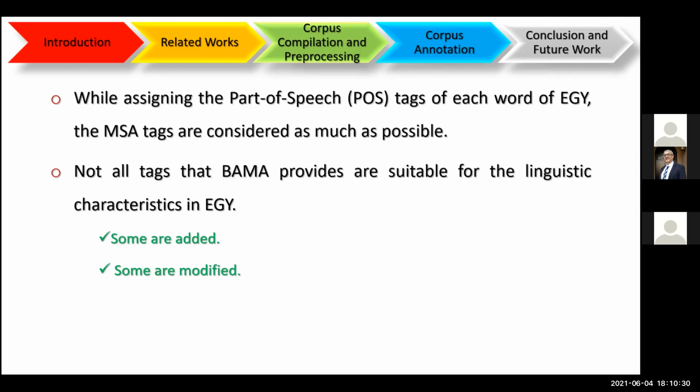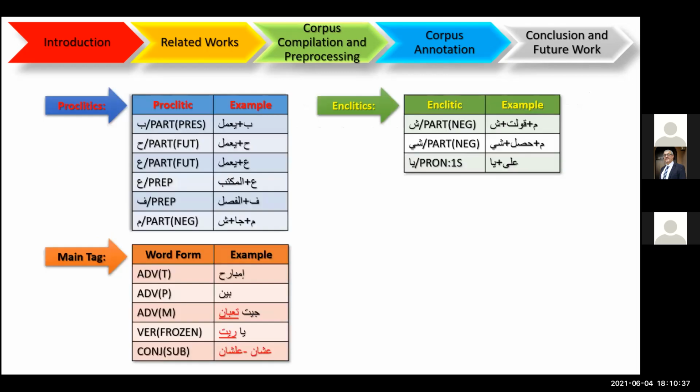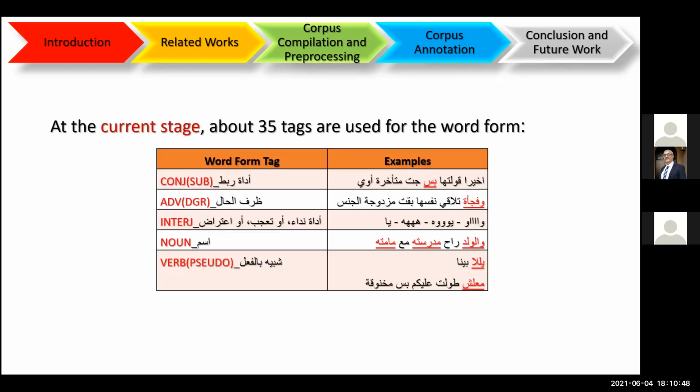Some tags are added and others are modified to be compatible with the linguistic nature of EG. These are some examples of added proclitics, enclitics, and main tags of the word form. At the current state, we have about 35 tags that are used in the main word form, and these are some examples of these tags.